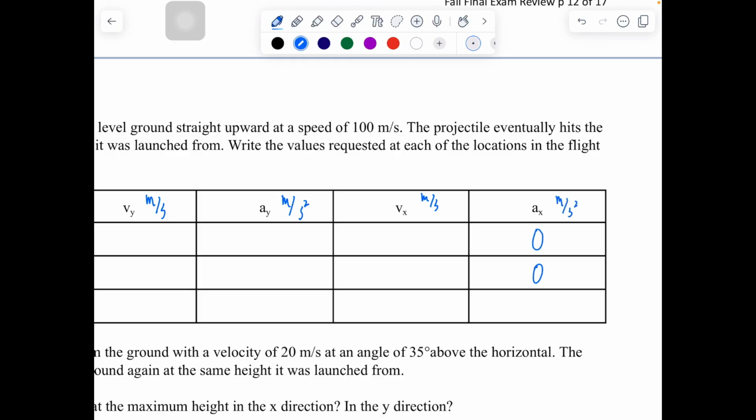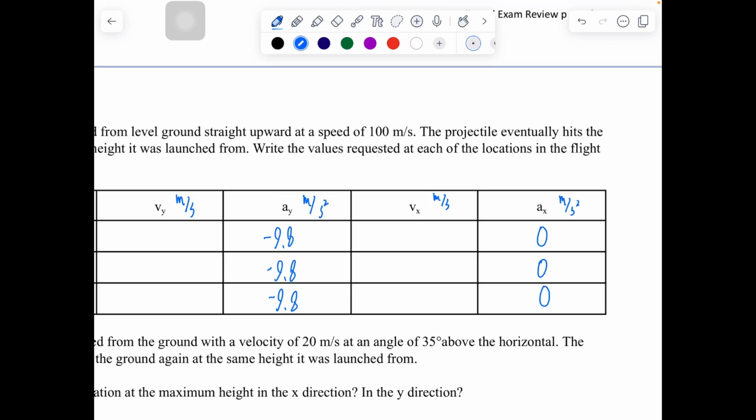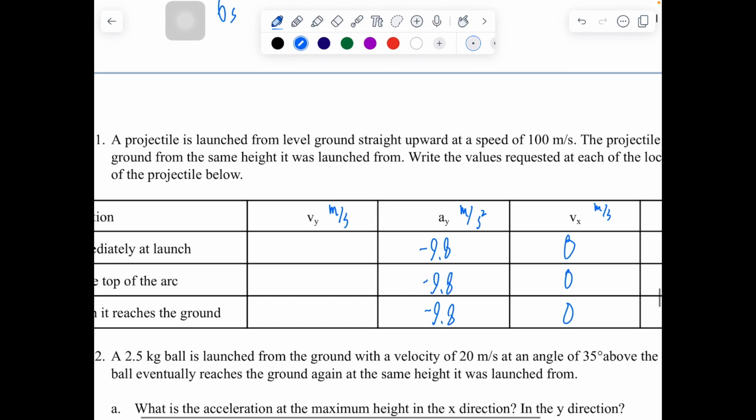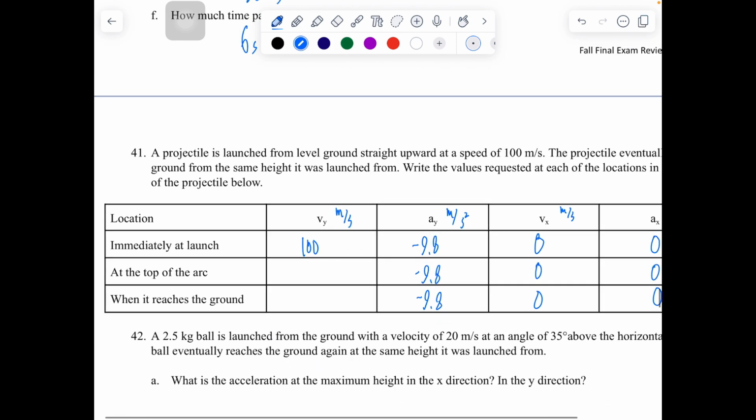Acceleration in the x is always 0. Acceleration in the y, always negative 9.8. Velocity in the x. It is launched straight upward. Velocity in the x is 0. Velocity in the y is 100 to start. At the peak, it is 0. Coming back down, negative 100.